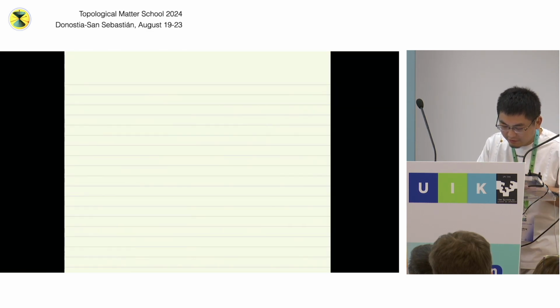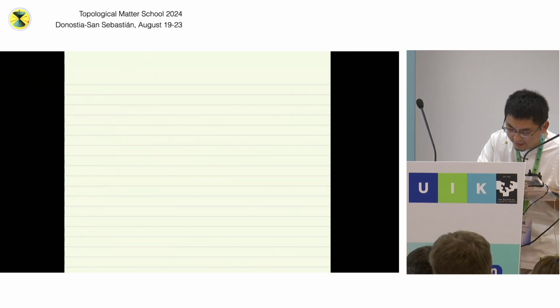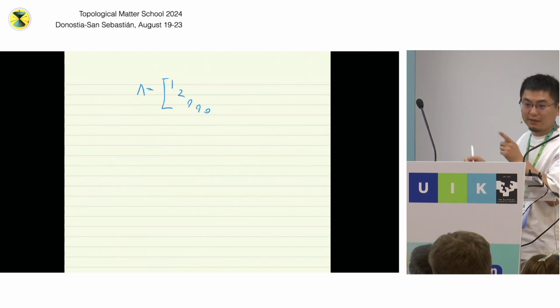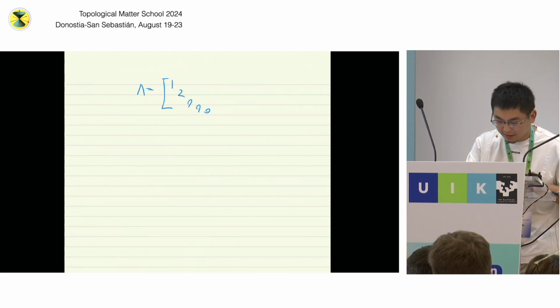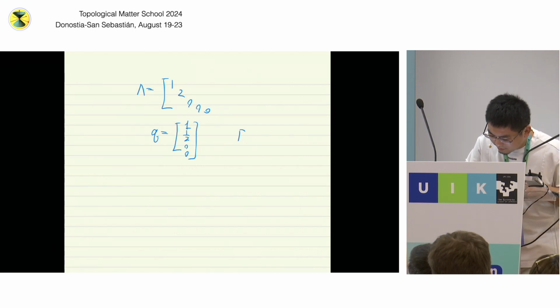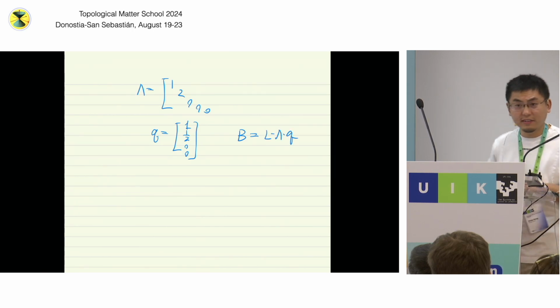But imagine that we have some non-identity elements for the lambda matrix, let's say lambda is just 1, 2, 0, 0, 0. If we have lambda in this form, that means it's possible to have a fractional Q vector such that B defined in this way is an integer.